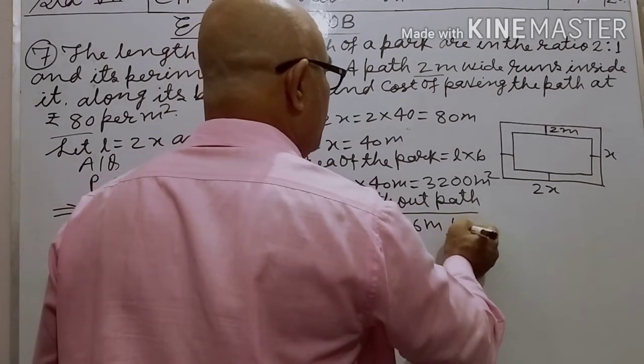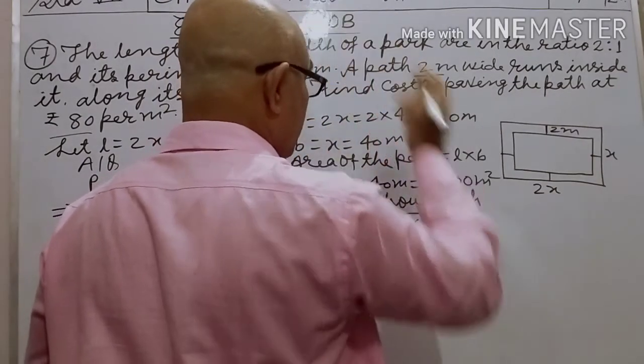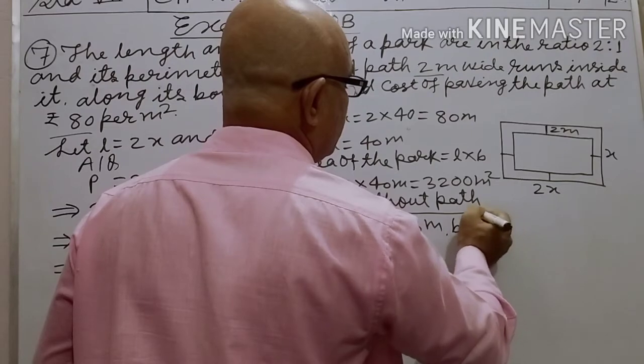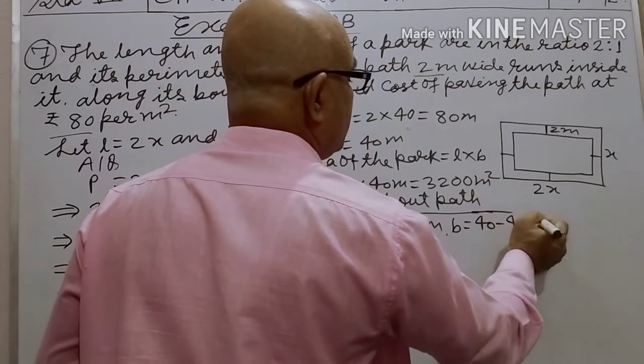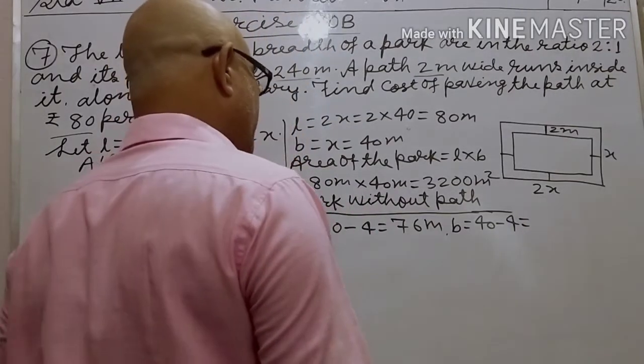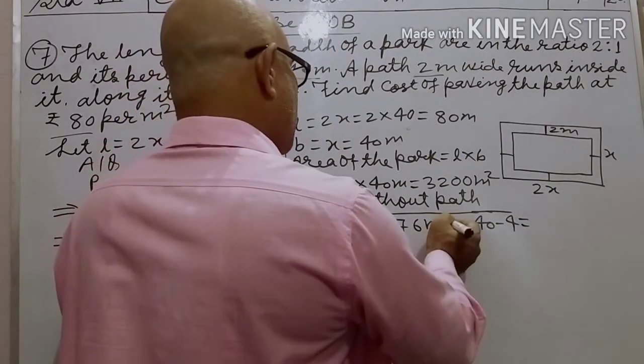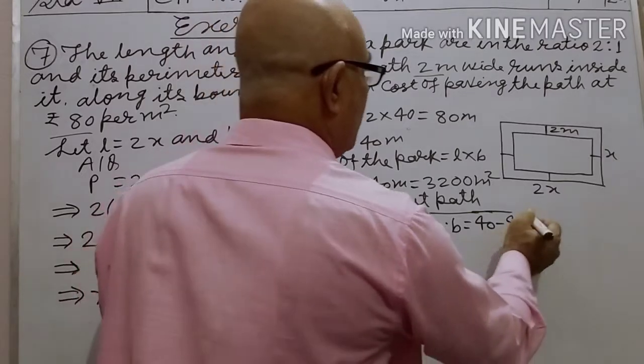And breadth equals 40 minus 4, 40 minus 4 equal to 36 meter.